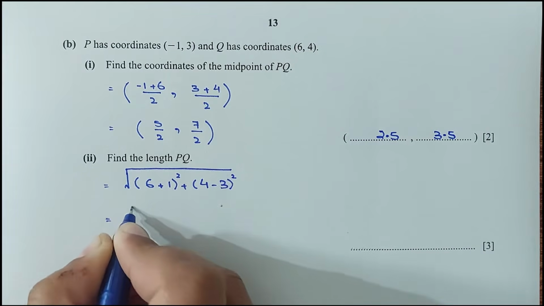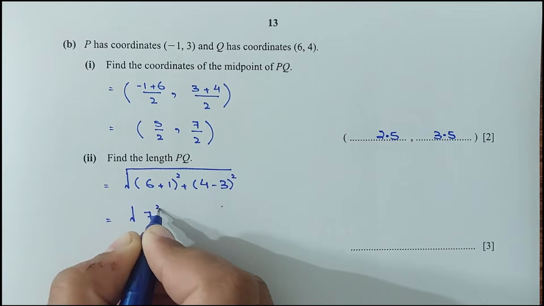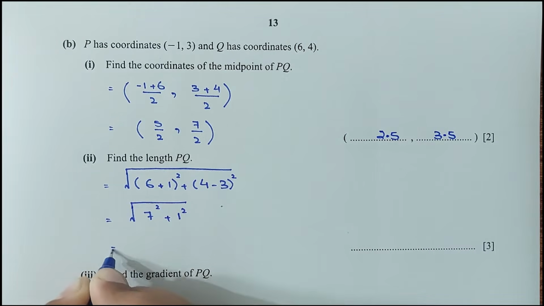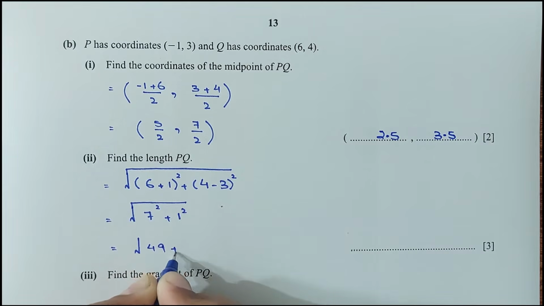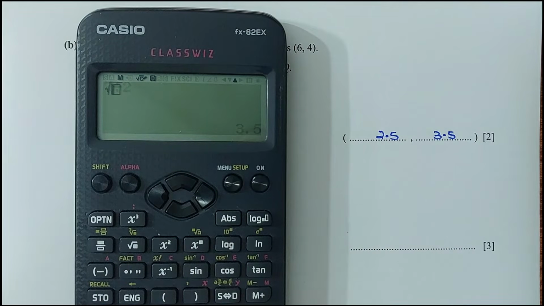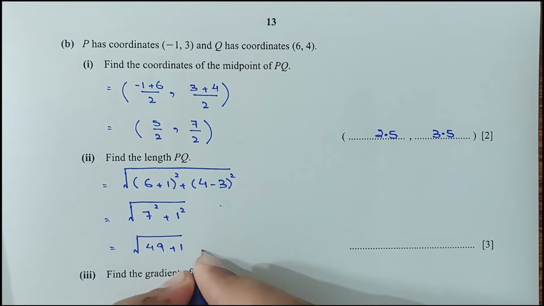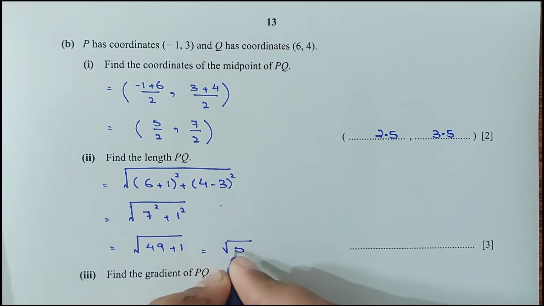And this should be 6 plus 1 is 7 squared plus 1 squared. 7 squared is 49, 1 squared is 1. 49 plus 1, this should be 50. So the square root of 50 is 7.07. This is the square root of 50.